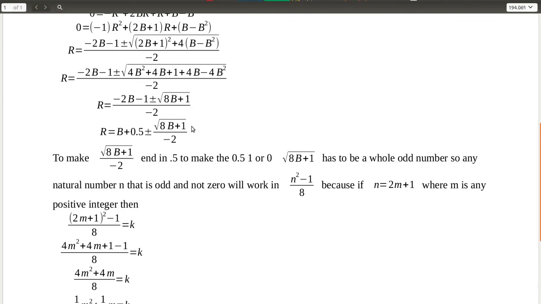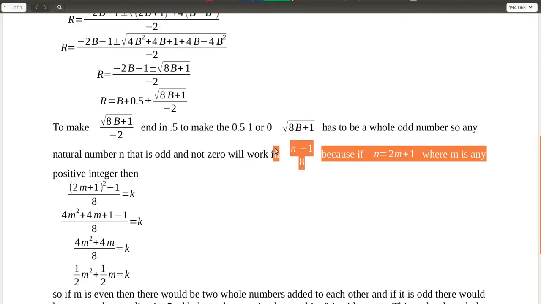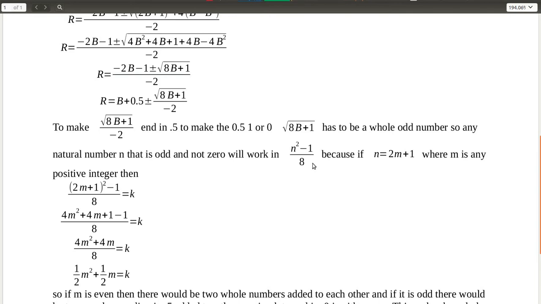So our first condition is met, and we'll have a number without a decimal equaling 8b plus 1. So we now have a conjecture that any odd number squared minus 1 over 8 equals our b, which the only thing we need to prove this conjecture is to make sure that this here equals a whole number no matter what value you choose.